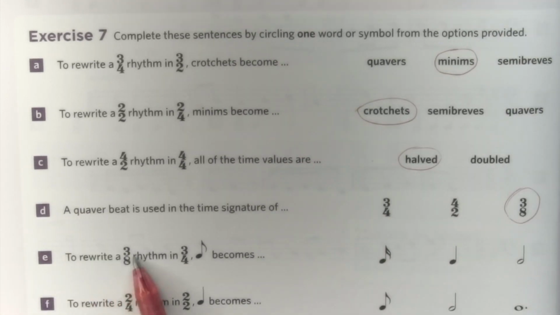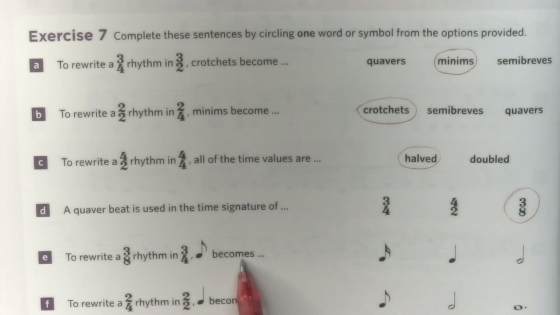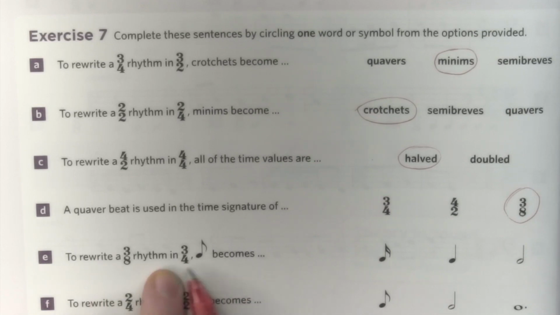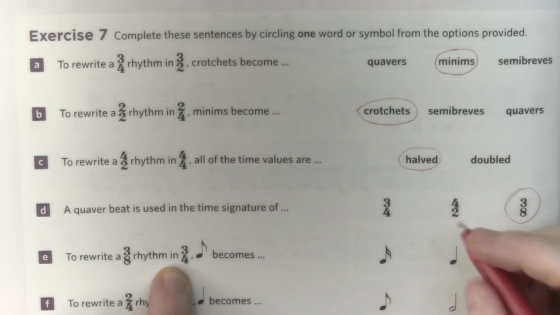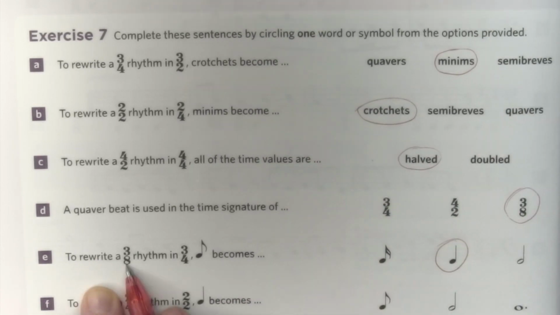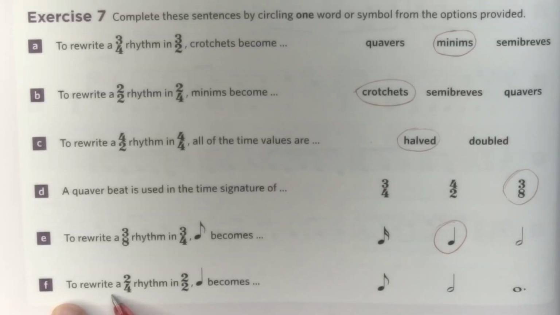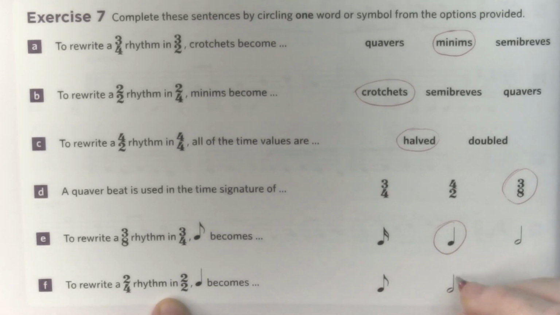To rewrite a 3/8 rhythm in 3/4, the quavers become crotchets. 8 becomes 4, so quaver becomes crotchet. To rewrite 2/4 in 2/2 means that the crotchets become minims.